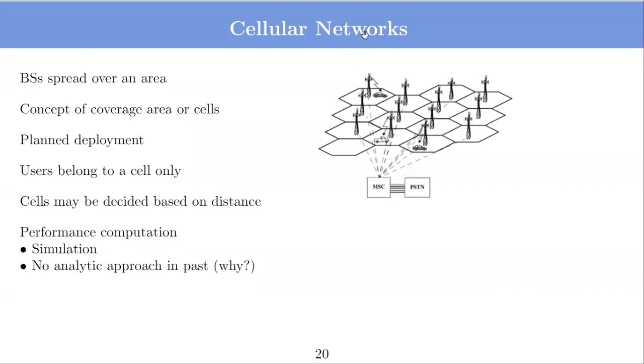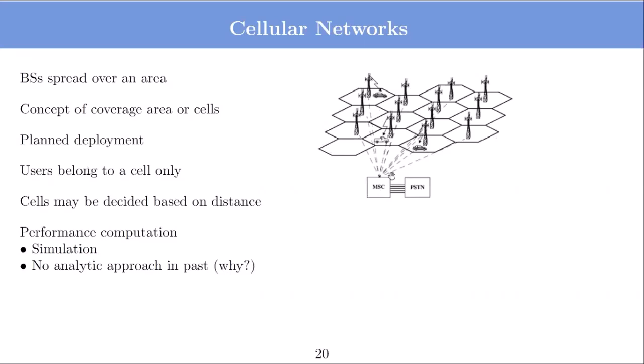That is why we are calling it a cellular network, because it is made from different cells. And this is more like a planned deployment. The operator makes a survey. Of course, this plan has some random component because you cannot deploy a base station anywhere. There are many political and geographical constraints.